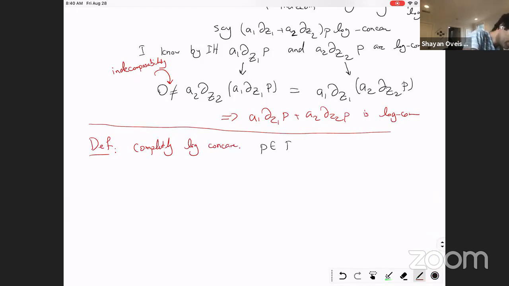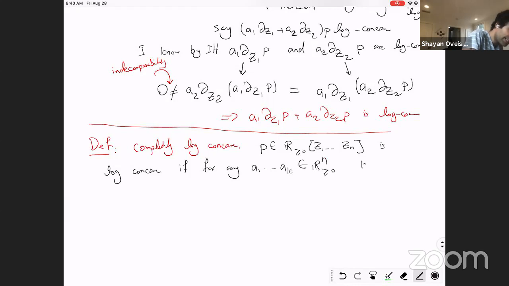You say a polynomial p with non-negative coefficients is completely log concave if for any a1 up to ak being non-negative and k an integer, d_a1, d_a2 up to d_ak of p is log concave.